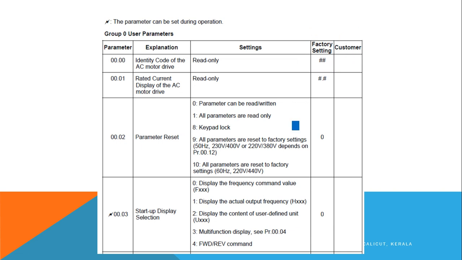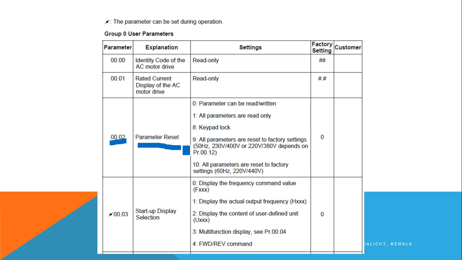For example, let us check one parameter, 00.02. You will be able to set the parameter by using the keyboard area that we have seen previously. So 00.02 is the option to reset the parameters.